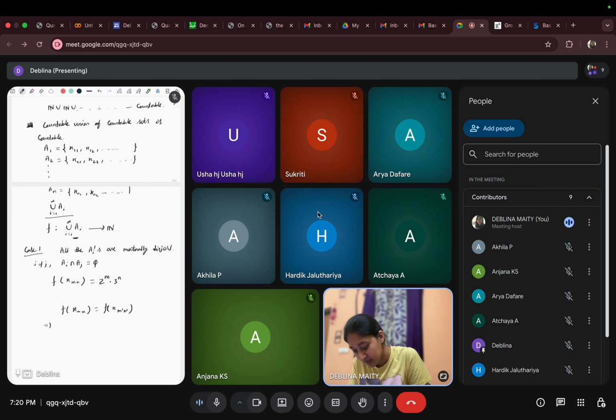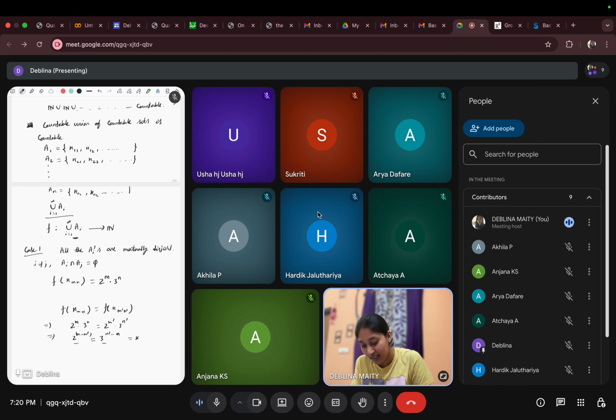So this means 2 to the power m, 3 to the power n equals 2 to the power m', 3 to the power n'. Since they are primes, 2 to the power m minus m' equals 3 to the power n' minus n. So this means a number, suppose x, is even, 2 to the power something, and x is also odd.